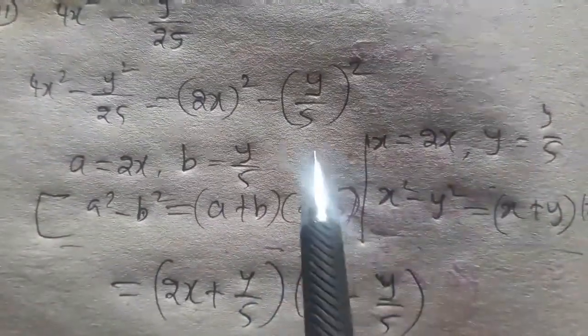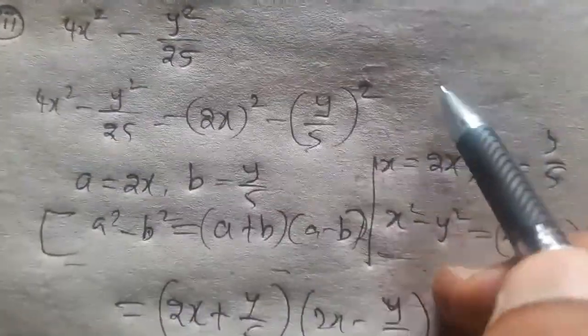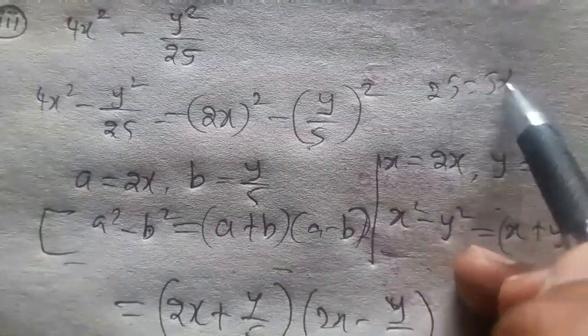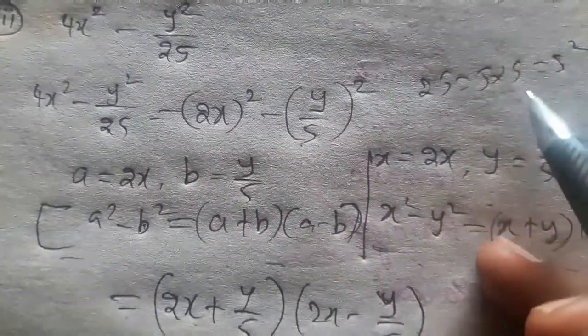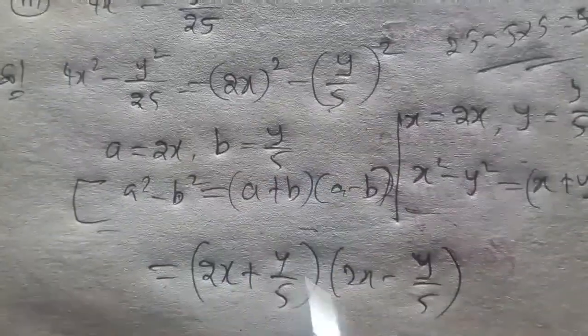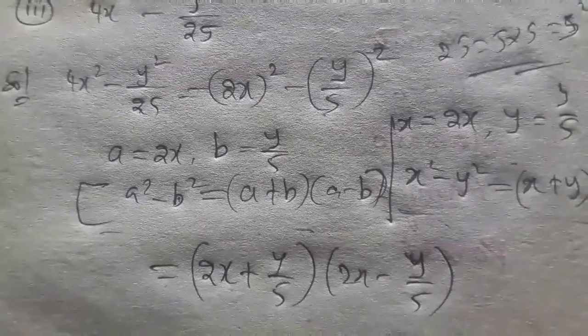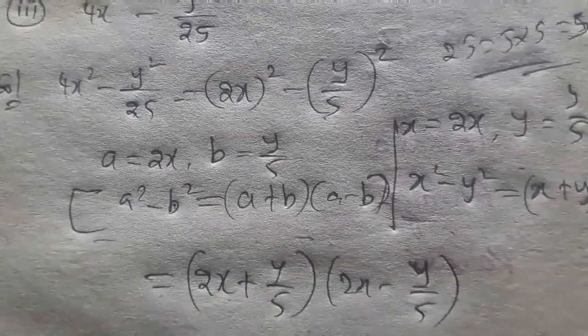Are you understood? So 25 can be written as 5 into 5, that is equals to 5 square, isn't it? So like that this identity is useful here. Understood all of you? Yes. Now move to next question.